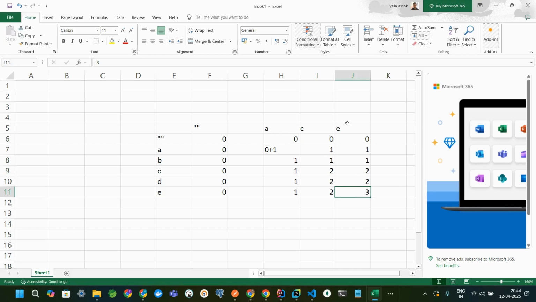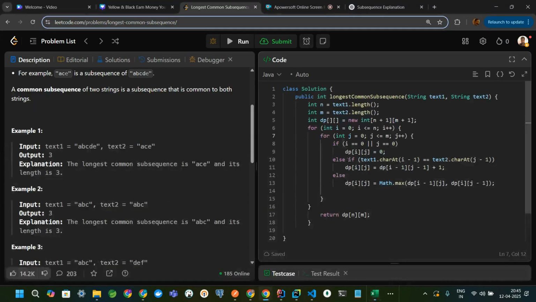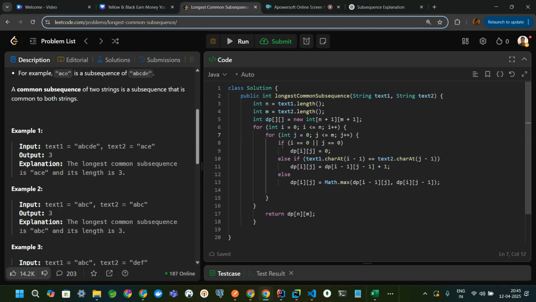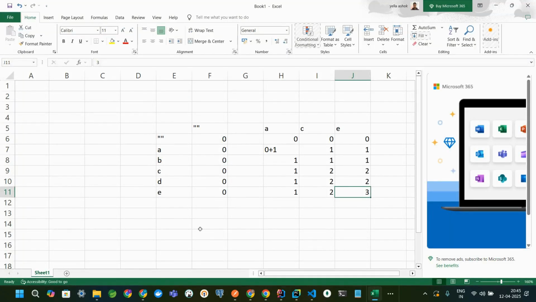Why? Because ace is a subsequence of abcde, and ace is here. So this is how the algorithm is working. You can check that the algorithm is the same. I wrote here: for i equals 0, i less than n, i plus plus, j equals 0, j less than or equal to m, j plus plus. I just constructed a 2D matrix, dp. Whenever i is 0 or j is 0, I'm initializing with 0, because you can see the first row and column are 0.